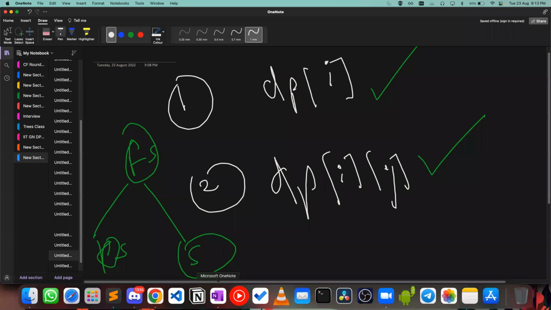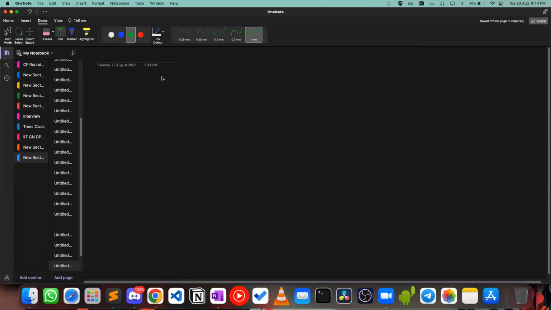For example, let's say I have 34. If I subtract 4 from it, I will get 30. And if I subtract 3 from it, I will get 31. These are the two possibilities that I have for a number equal to 34. How many choices do I have for a number like 234?